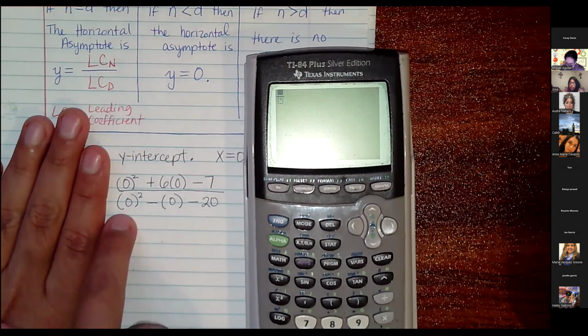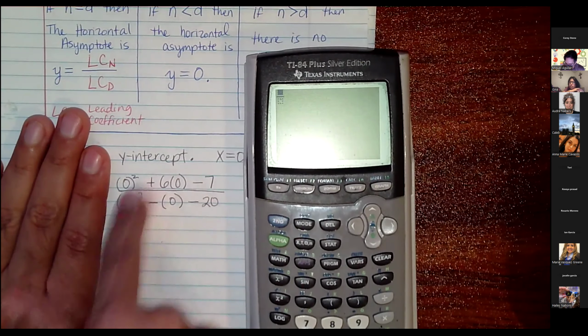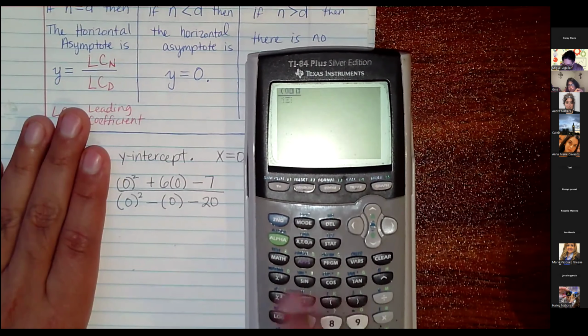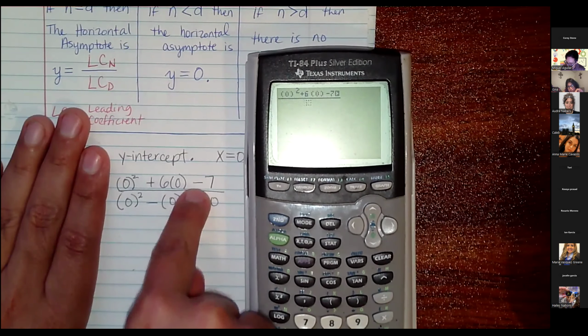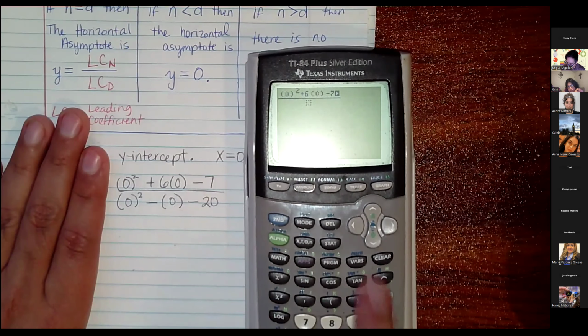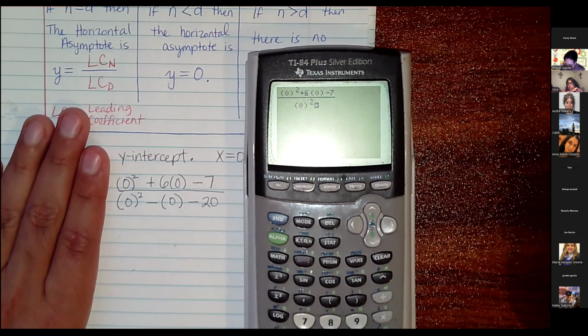I'm going to type it exactly the way I wrote this down: 0 squared plus 6 times 0 minus 7. Okay, and that's a minus 7, don't get confused with the negative 7. Then we have 0 squared minus 0 minus 20, and then we can hit enter.